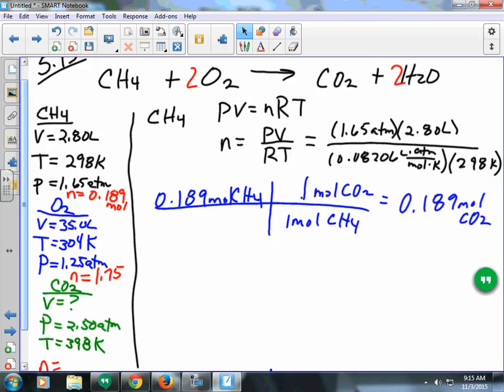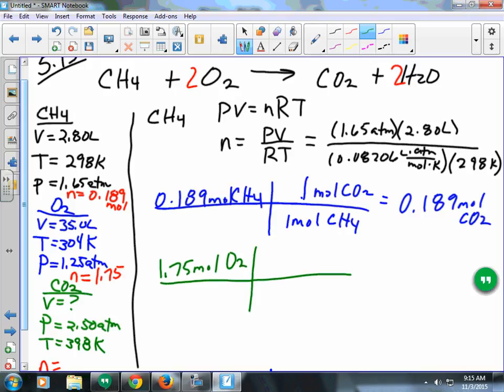Now take your given of oxygen, 1.75 moles of oxygen, and change it to moles of CO2. Got 2. Yeah, 0.875.